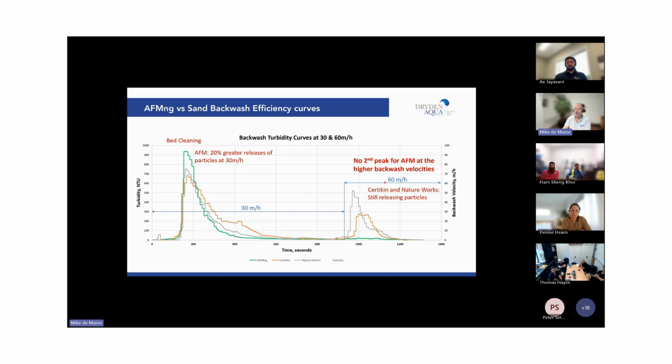We then ramped it up to 60 meters per hour. You can see the AFM stayed flatline, so it wasn't releasing any more dirt because it released it all in the beginning. Whereas the other medias, the Certicon and NatureWorks, still had a very big spike of dirt release when we speeded it up to 60 meters per hour.